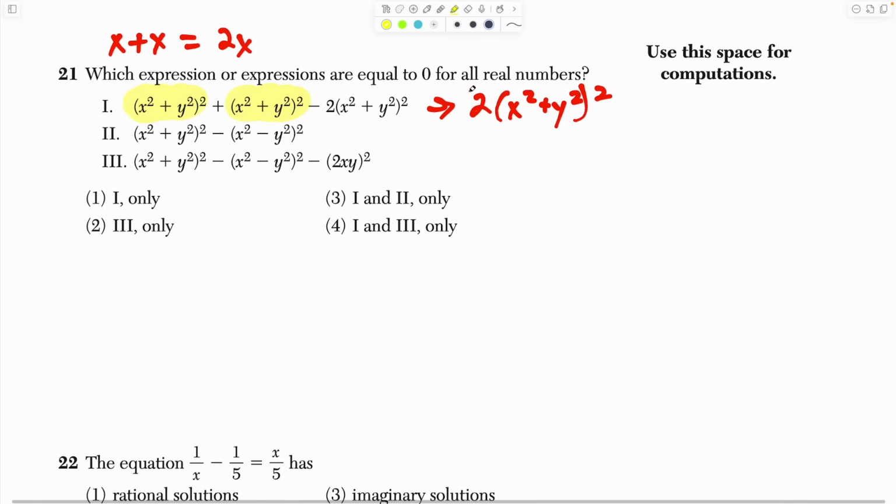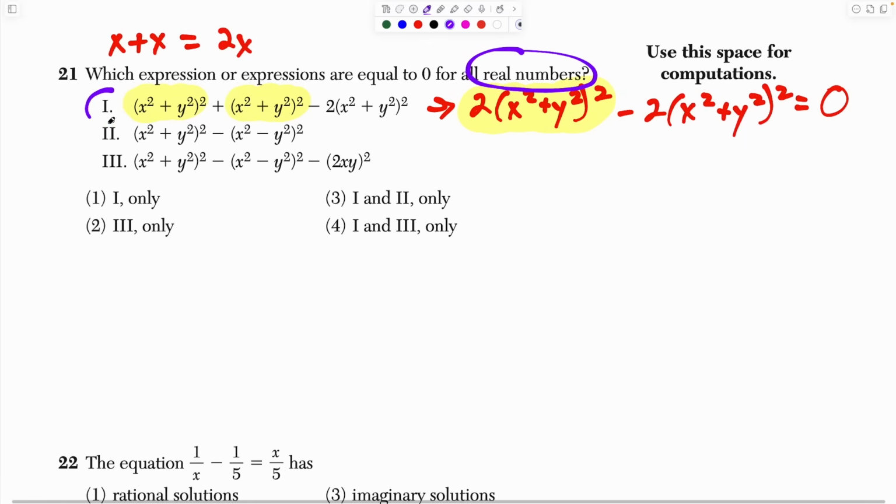The stuff I highlighted combines nicely to this, and then I just say minus the 2 times x squared plus y squared squared. So this first Roman numeral will always equal 0 because I'm subtracting equal things once I simplify. It needs to be true for all real numbers x and y, so Roman numeral 1 is good, which means choice 2 is out.